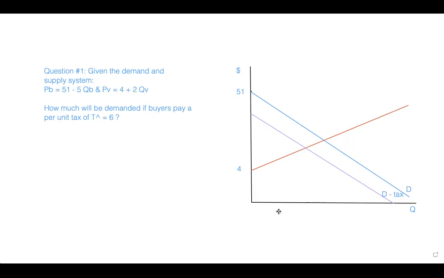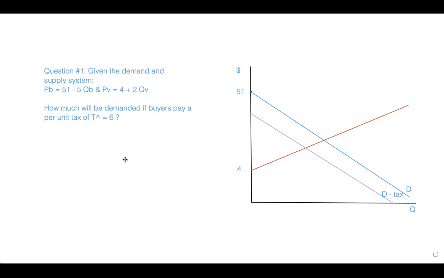And so now we have to parse this a little bit, because it says how much would be demanded if buyers pay a per unit tax of 6. Scott, how did you interpret that part of it? I figured the maximum quantity would also go down by 6, and I suggested the function to fit that. Okay, so what answer did you come up with?